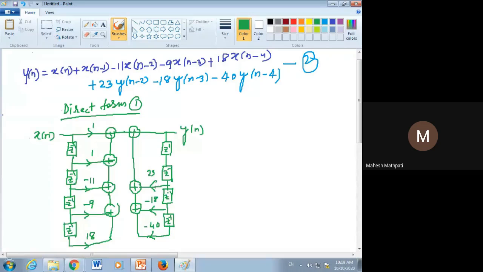Then can you draw the diagram for direct form 2 now? If you have got this answer, it's correct. Then draw the diagram for direct form 2. Direct form 2, you just draw.